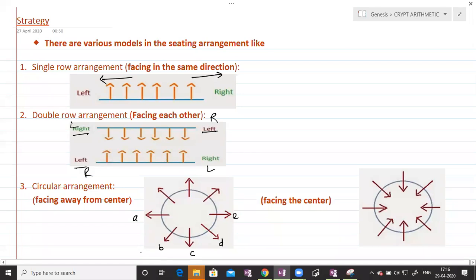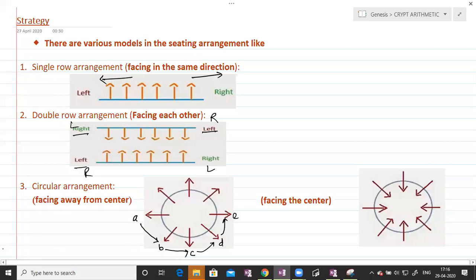Everybody is looking away from the center. So can you tell me who is left of B? The left of A is B, the left of B is C, the left of C is D, and the left of D is E.